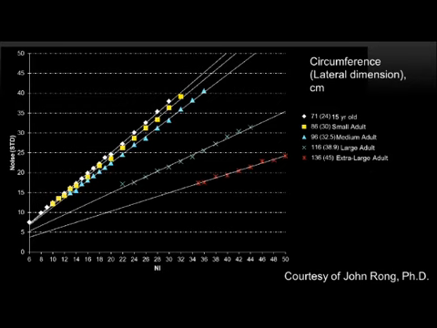So this slide is courtesy of John Rong at MD Anderson, and this shows for different noise indices, different sized phantoms, and what the actual measured standard deviation of the Hounsfield units is. So let's focus first on the phantoms of kind of medium size.